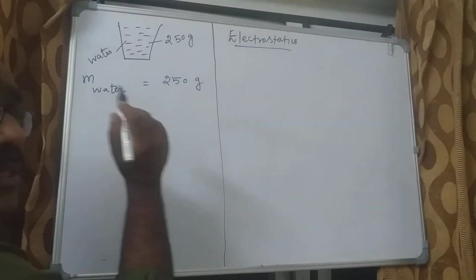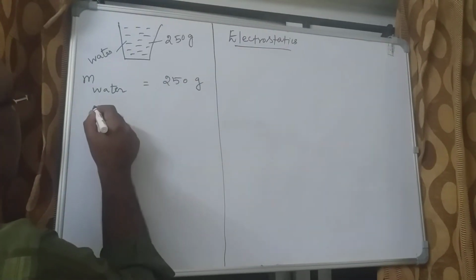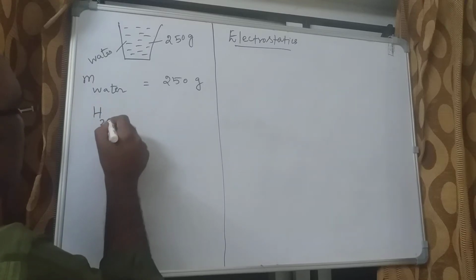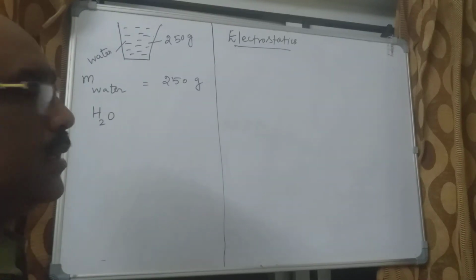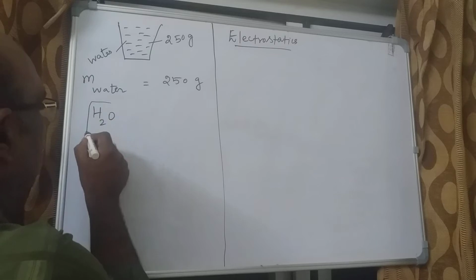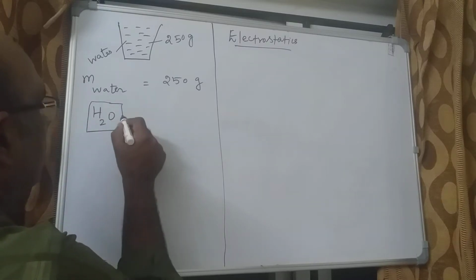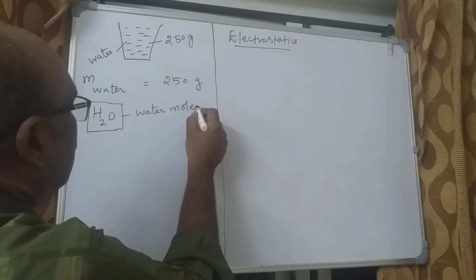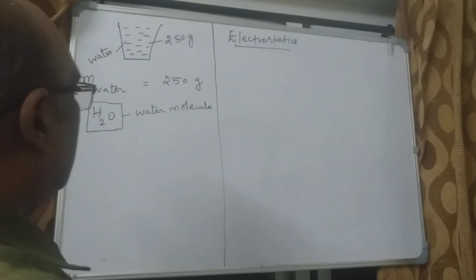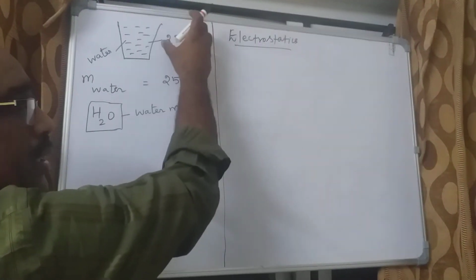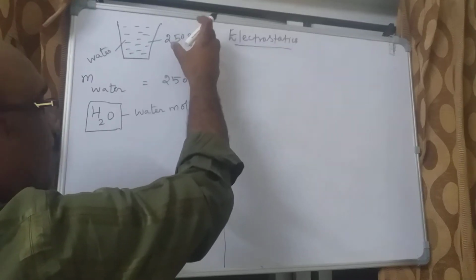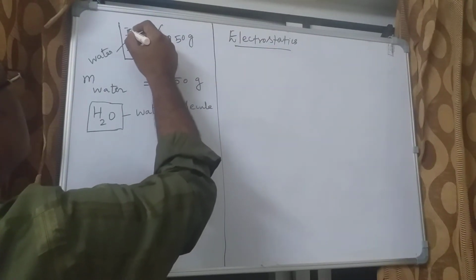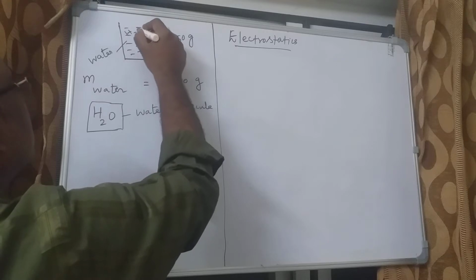And we know the formula for water, that is, it is H2O. That means this is a water molecule. Like this, in this 250 grams of water, there will be so many water molecules present inside.